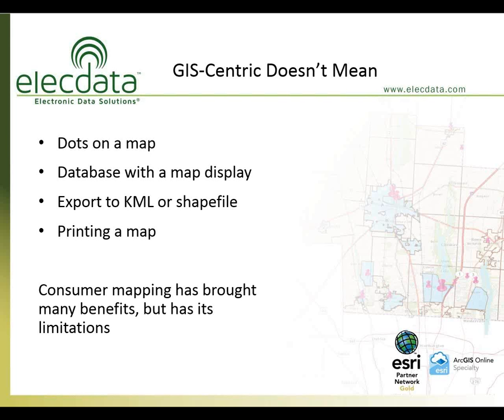That's changing, I believe. Esri's platform with web apps and consumer tools for smartphones and tablets, that is changing. But merely being able to display a map doesn't make a system GIS-centric.